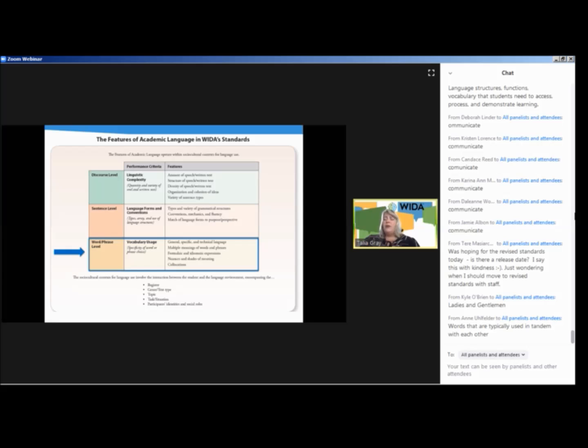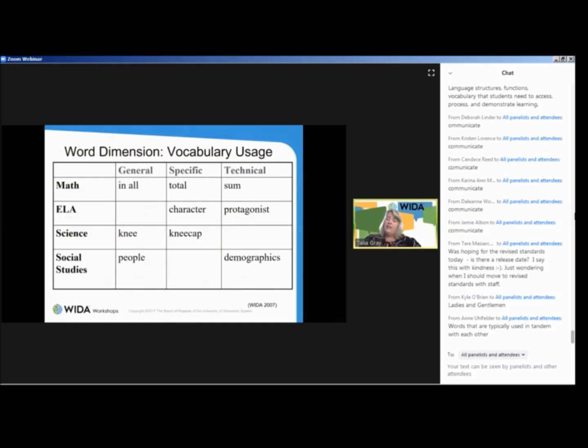Now, also in this word phrase dimension, you have general, specific, and technical terms. We are going to practice general, specific, and technical language. If you look here, in math, a general phrase would be in all, specific would be the total, and technical would be the sum.